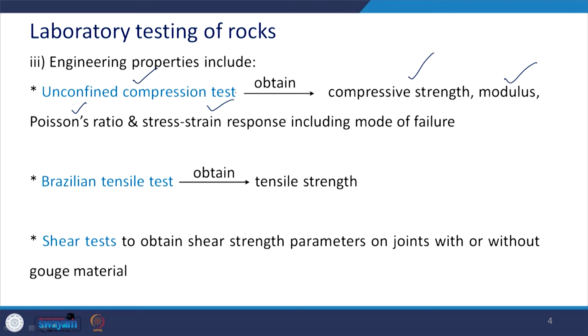We will discuss all these things in detail. The name of the test suggests unconfined compression test. That means we have to apply the loading in one direction and then try to fail the specimen and get the strength in one-directional compression.